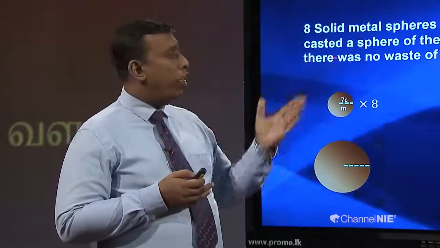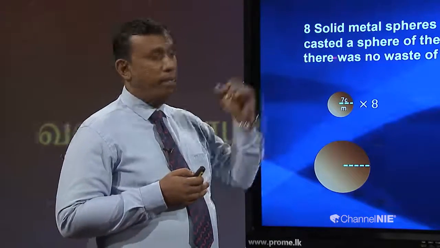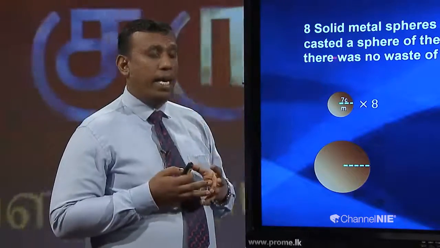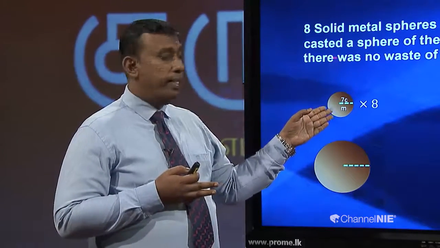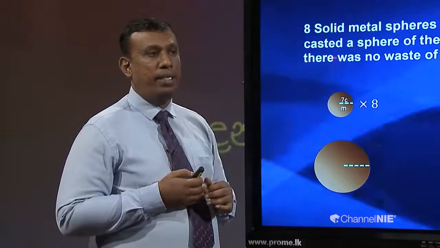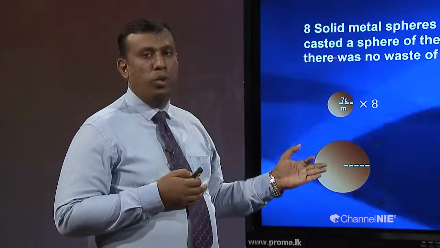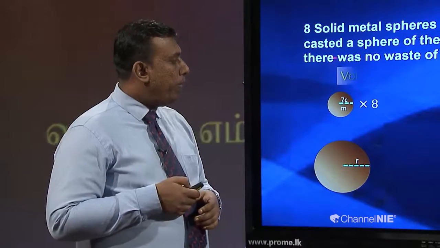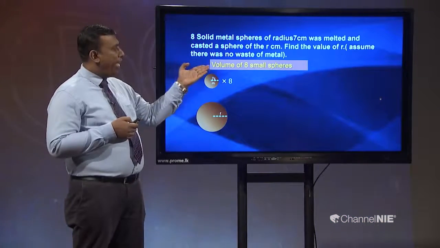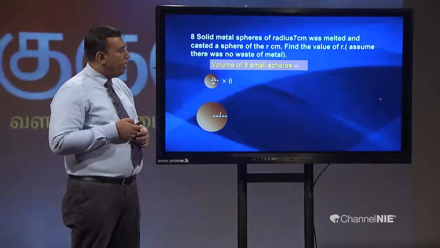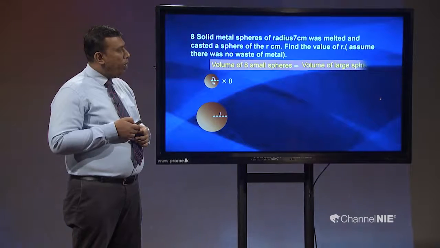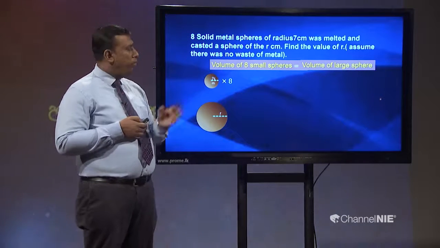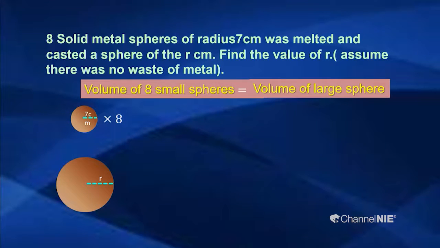According to that statement, we can get an idea: volume of these 8 spherical parts is equal to volume of the large sphere. Volume of 8 small spheres is equal to volume of the large sphere.